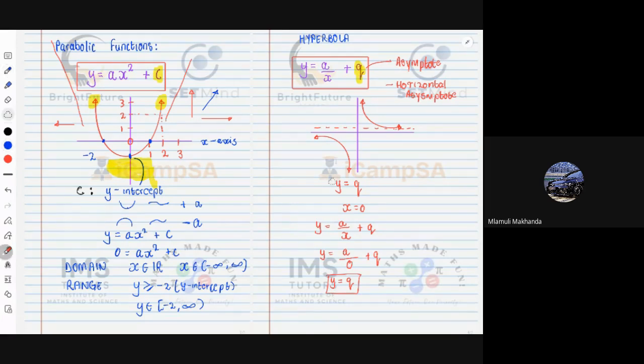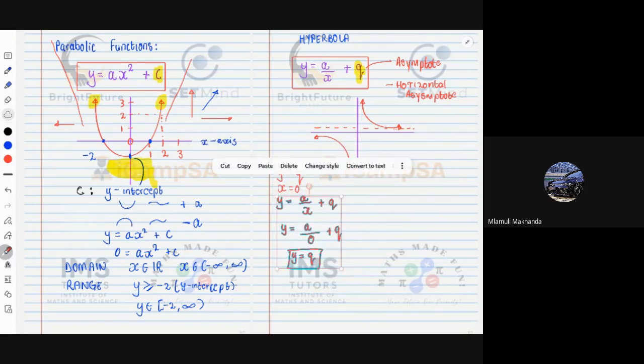Now let's go to the hyperbola, and we're also going to be looking for the very same thing, which is the domain and the range. So we're going to have something a little bit interesting here.